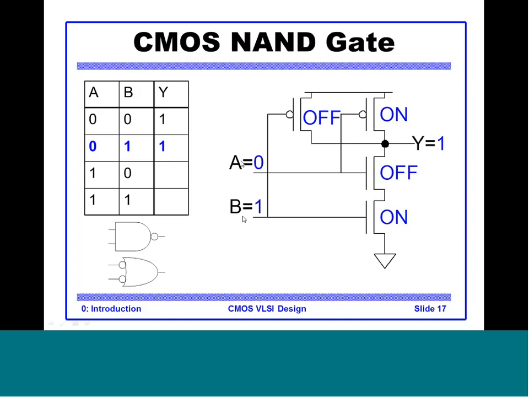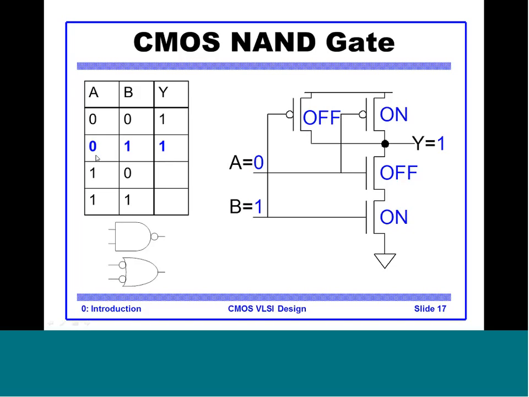Whenever any of A or B is 1, one of the NMOS becomes on, but since the other one is 0, the connection is never made. However, on the pull up side, whenever any of these is 0, that PMOS is on, and since it's a parallel connection, it pulls Y to 1.